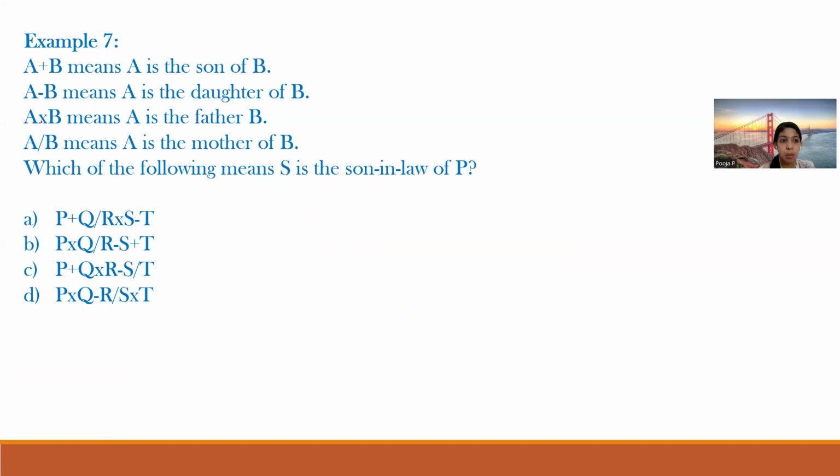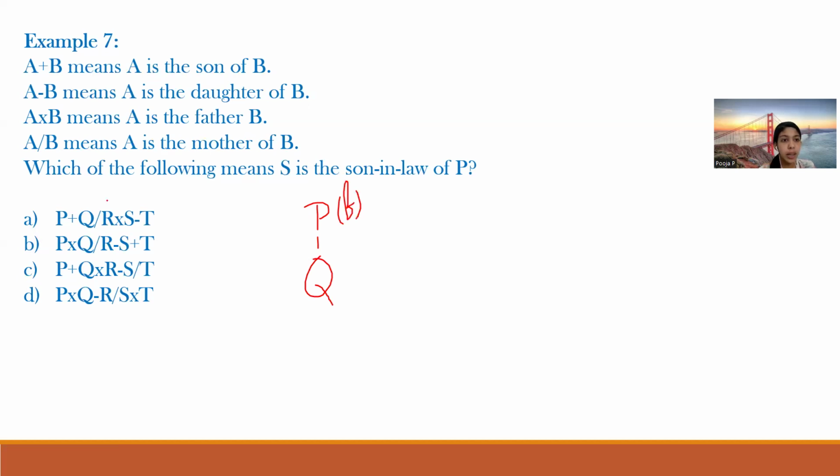So what is there in option B? P into Q: P is the father of Q. Q is the son or daughter whose father is P. So we know that P is the father, male gender, right?